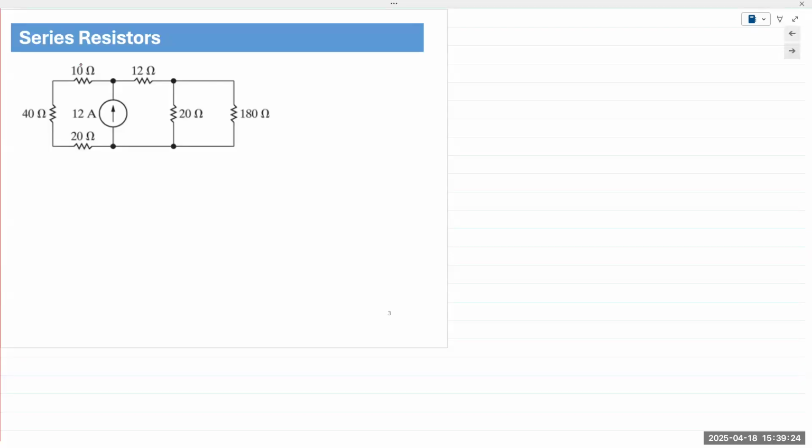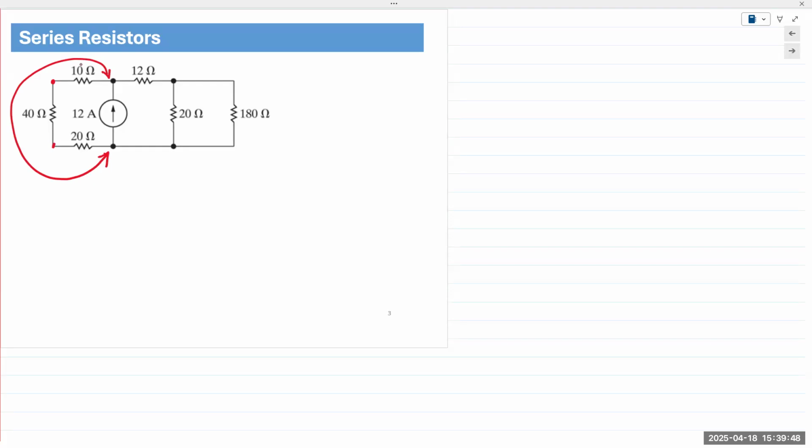Right? So these are said to be in series between these 2 points. That node at the top and at the bottom is where you have more than 2 connections, right? So between the 10 and 40, you have this node at the top left. 40 and 20, you have this node at the bottom left.